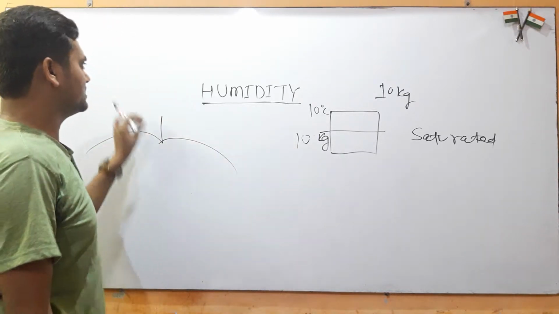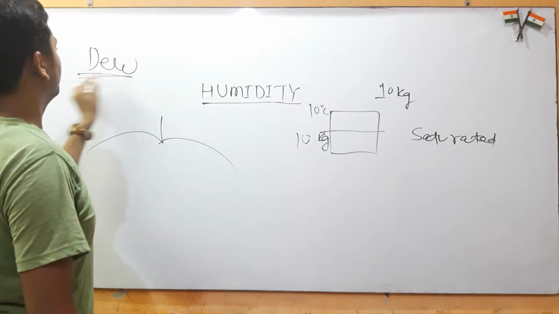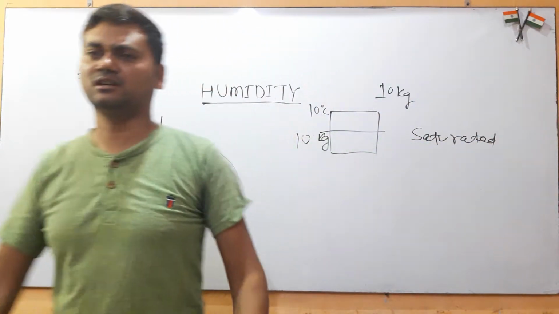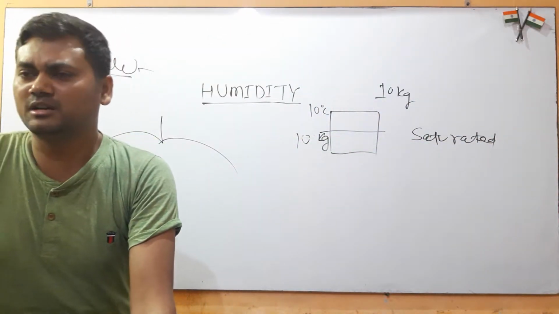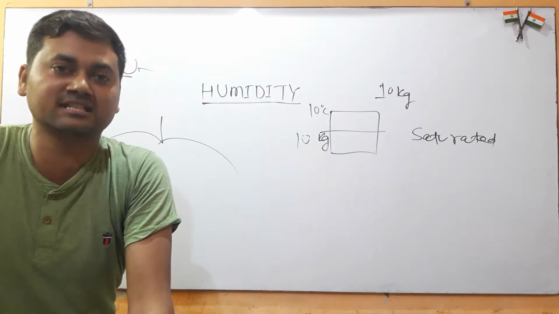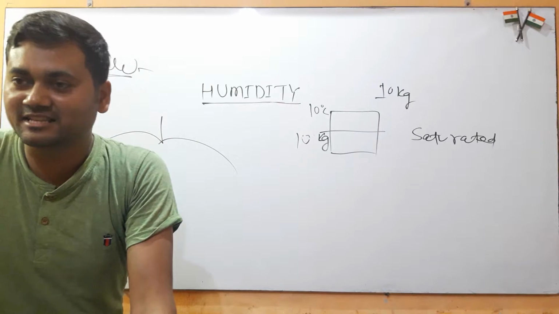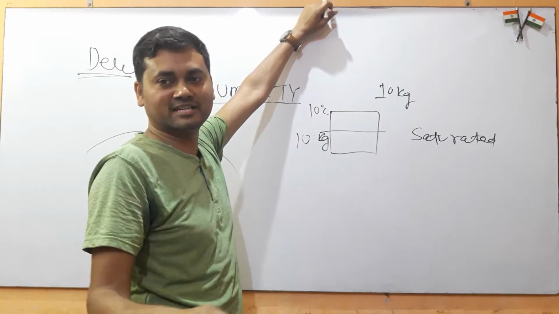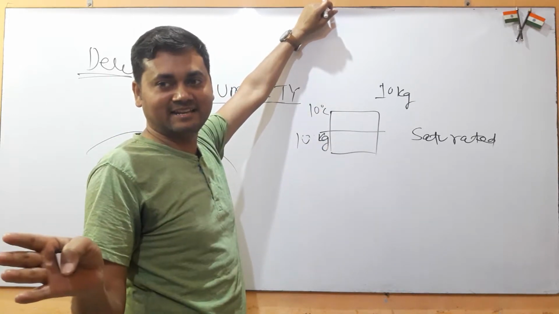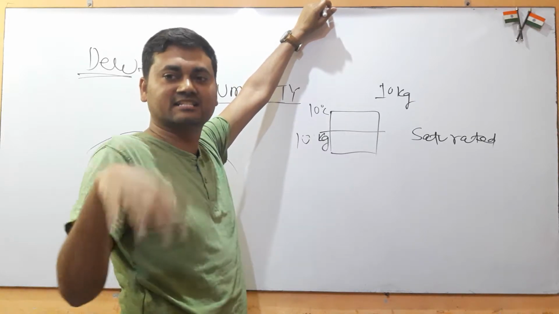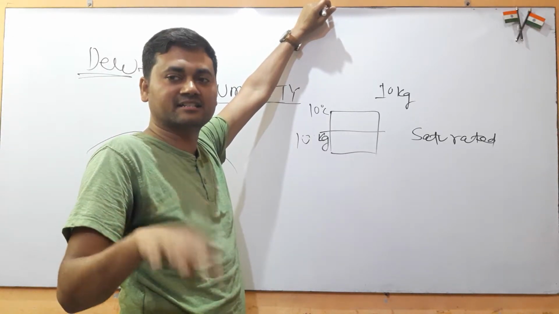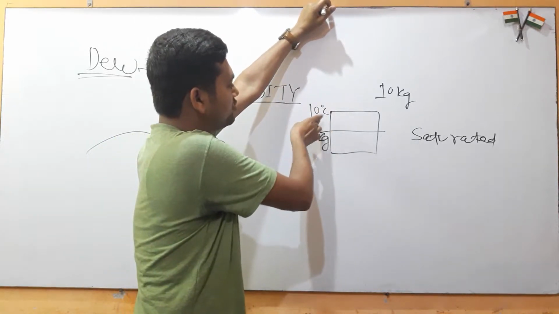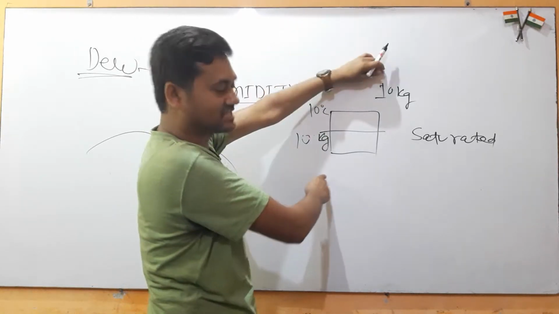So what I would like to say is that there is one thing that is known as dew. You see it during the winter night. During the winter night, what happens when the sky is open? Temperature sometimes decreases, and as I have told you, at 10 degrees Celsius 10 kg can be held by this air. In the winter night, because the terrestrial radiation is emitted by the surface, suddenly the temperature decreases, and once the temperature decreases, its capacity would also decrease.